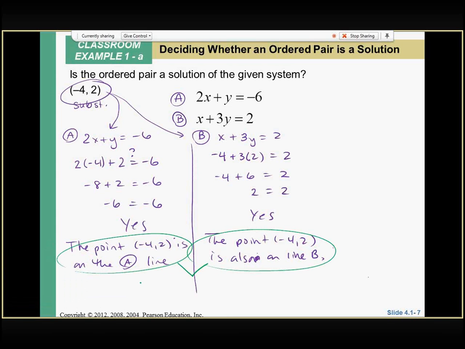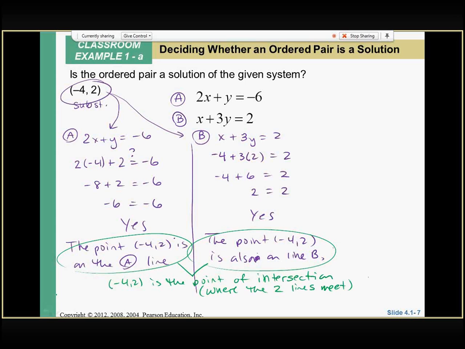Because both of these are true, what that is saying is the point negative 4, 2 is the point of intersection. And what intersection means is where the 2 lines meet. That's what it's talking about, point of intersection.